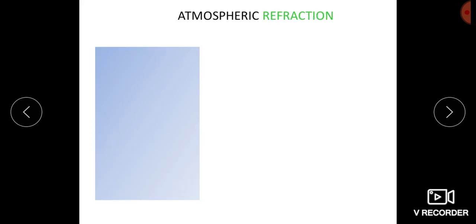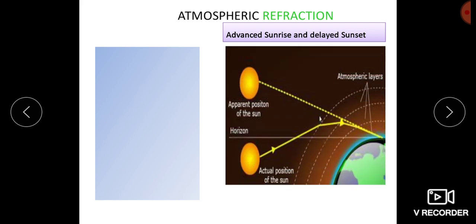Next phenomenon, atmospheric refraction. What is happening? Advanced sunrise and delayed sunset. This is the horizon, and suppose the sun is here, the actual position of the sun. The rays coming from here should go straight, but they deviate, because the various layers of the atmosphere have various densities. Due to the optical density variation, the ray travels from rarer to denser, denser to rarer, whatever we discussed in the refraction phenomena.